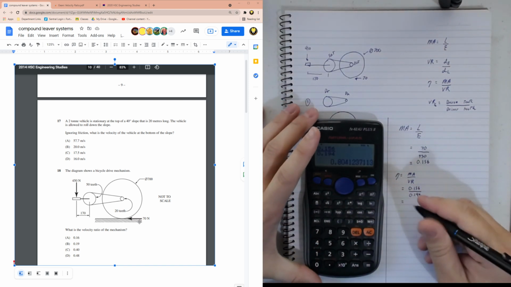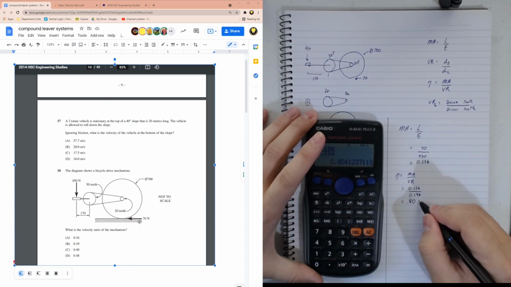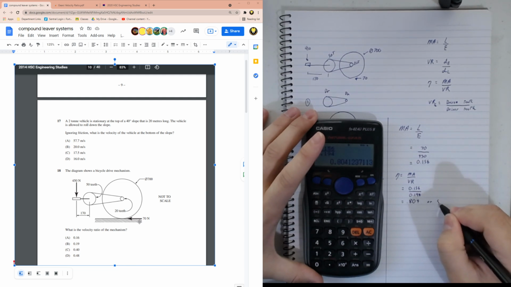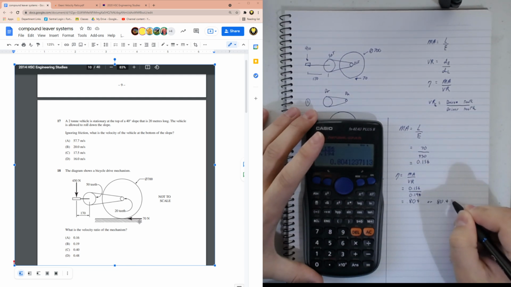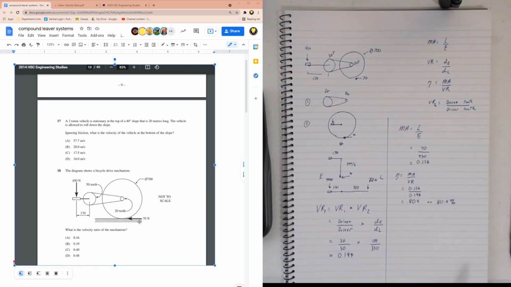That should give us an efficiency of 0.804, which is the same as 80.4%. Either one of those will be the right answer when it comes to the efficiency.